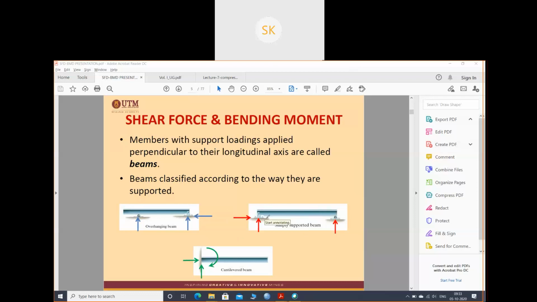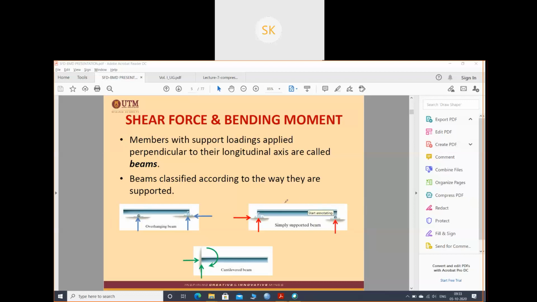The beam is supported with one pin support and one roller support. One more important point: you cannot provide roller support at both locations, because this cannot restrict horizontal movement.